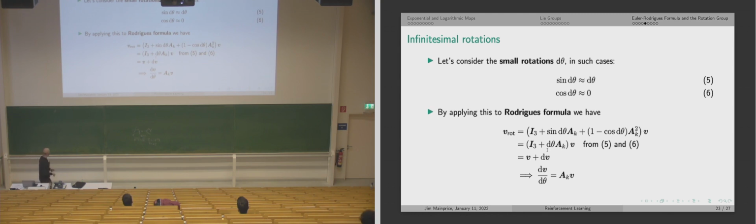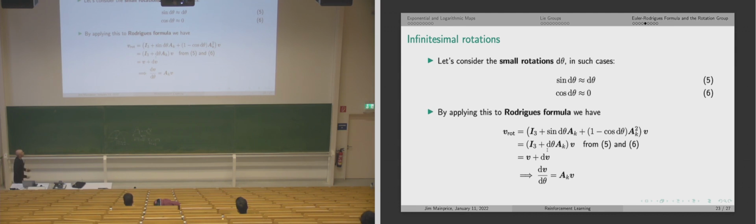So sine d theta is going to be d theta, and then cosine d theta is going to be 1. So 1 minus 1 is going to be 0, and so the higher order skew term vanishes here.